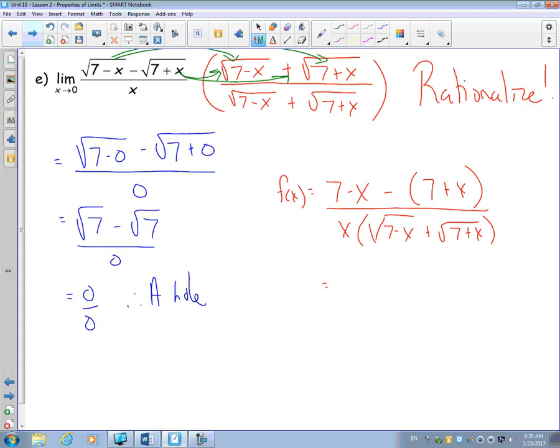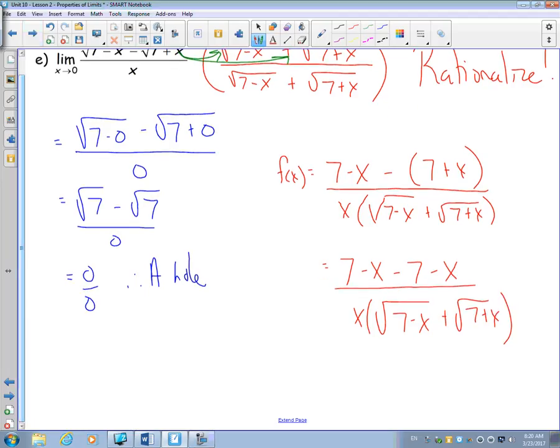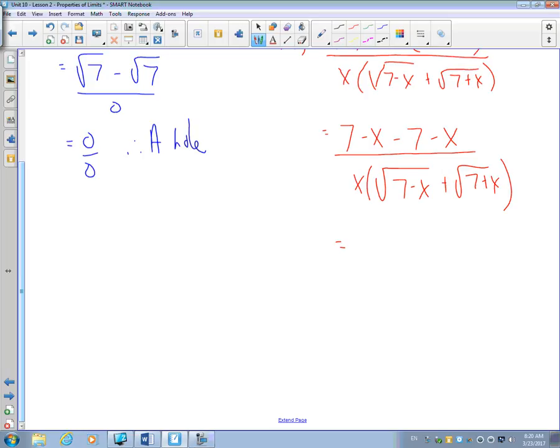Okay, so we can simplify this a little bit. On the top, 7 minus x minus 7 minus x. On the bottom, x and root 7 minus x plus root 7 plus x. Okay, this one is not so much fun to simplify. Keep going. On the top, 7 minus 7 is gone. We get negative 2x and x bracket root 7 minus x plus root 7 plus x.